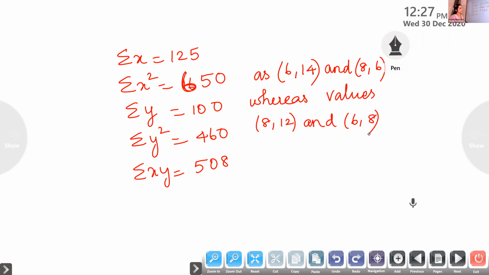Calculate the correct correlation coefficient.